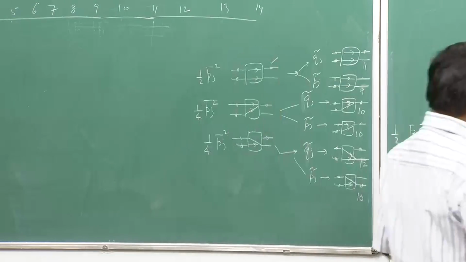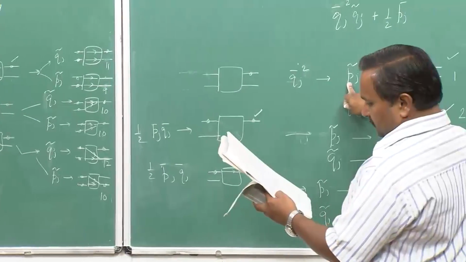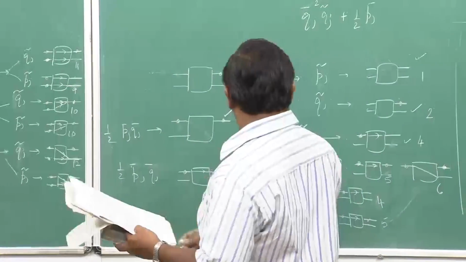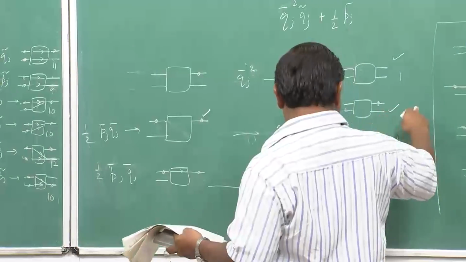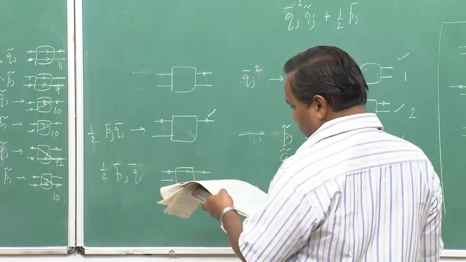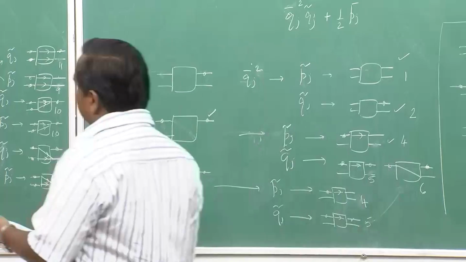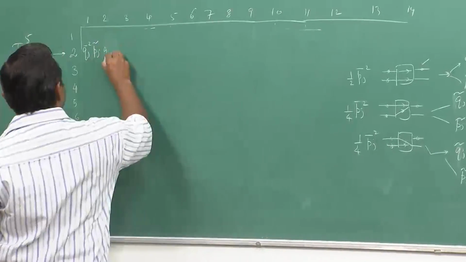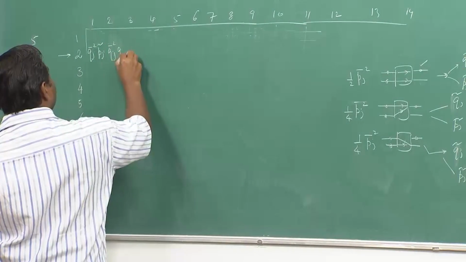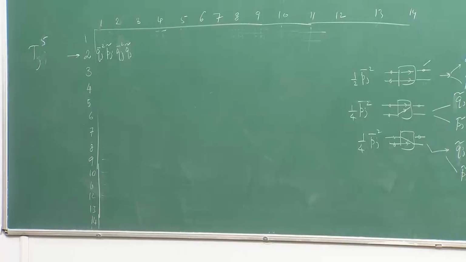So, state 1 corresponds to qj bar square pj tilde, which is perfect, I have put that in there. This one turns out to be state 2, it is not repeating anywhere, it is qj bar square qj tilde, which is perfect. Okay. Now, look at state 4, these two terms have to be added.